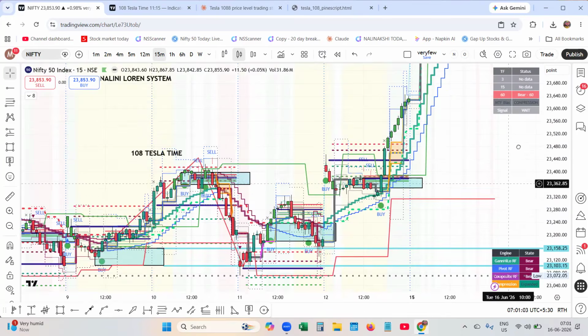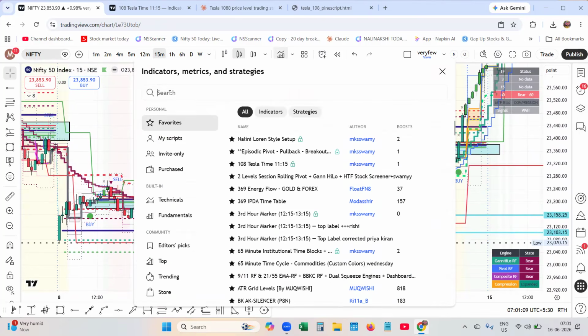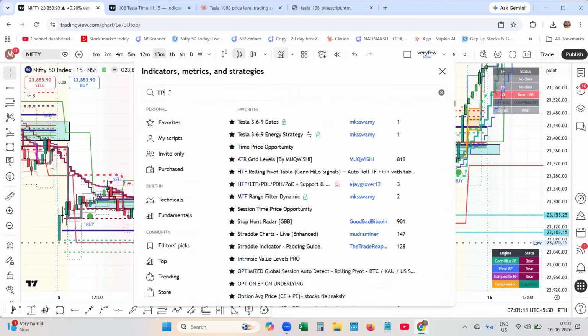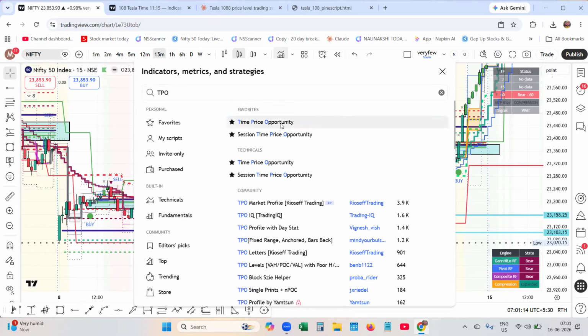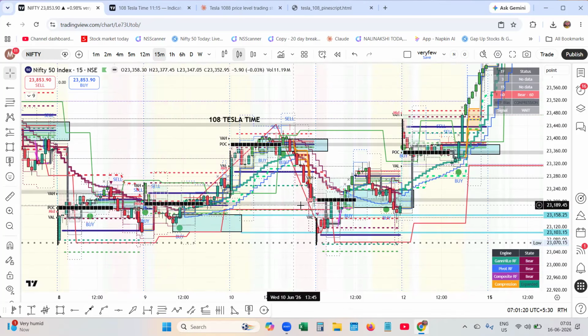So they are spread apart, and let me apply the TPO, time, price, opportunity. If I put the time, price, opportunity, can you see how they are aligning? They are clustering actually.